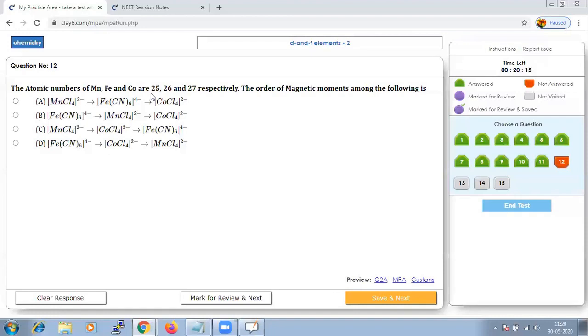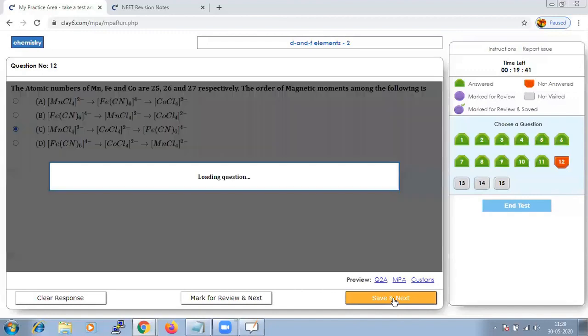Mn2+ has a maximum of 5 unpaired electrons, Co2+ has 3, and Fe2+ has 0. So the order should be Mn with the maximum unpaired electrons, then Co, then Fe, and this order should be the correct one. Let us save that and go to next.